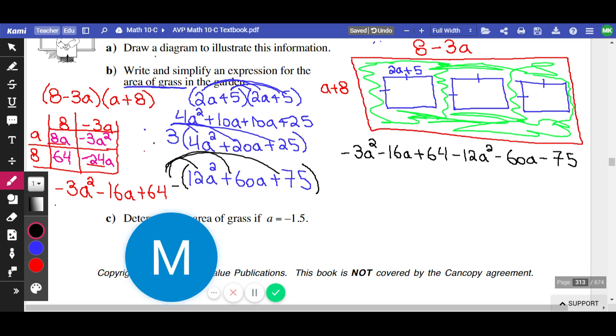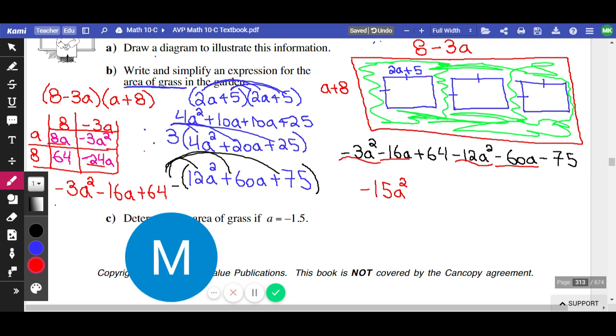You'll notice you have some like terms that you need to combine. So if you look, I have some a squares that need to combine. Negative 3 minus 12 is negative 15a squared. Let your calculator do that work for you so you don't mess up your negatives. Then I have some a's, so negative 16a, negative 60a.